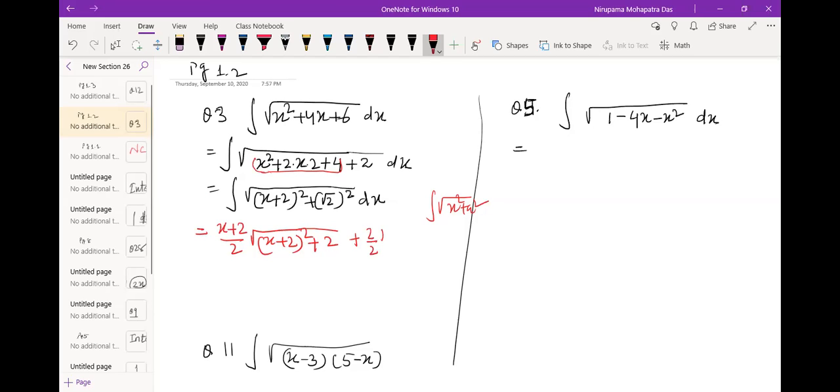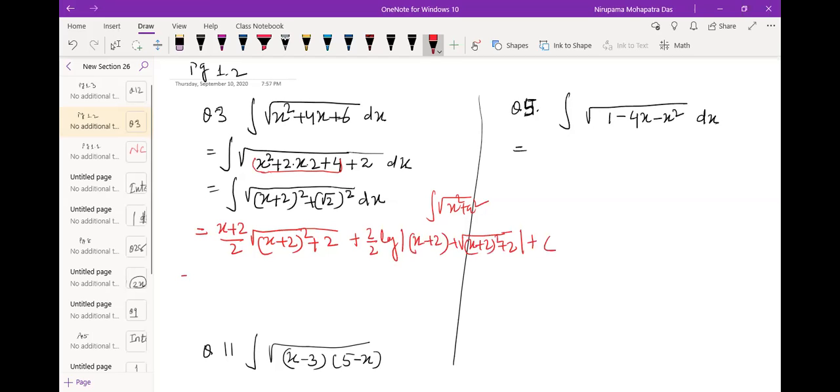log x plus, in place of x we have x plus 2, plus under root x plus 2 whole square plus 2. Okay, yes, plus constant of integration.